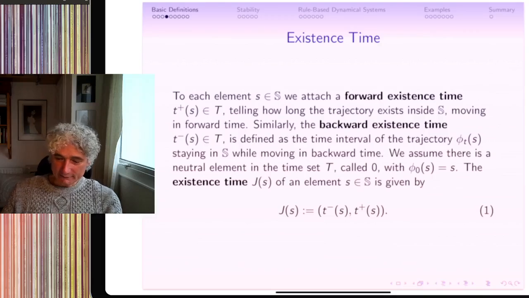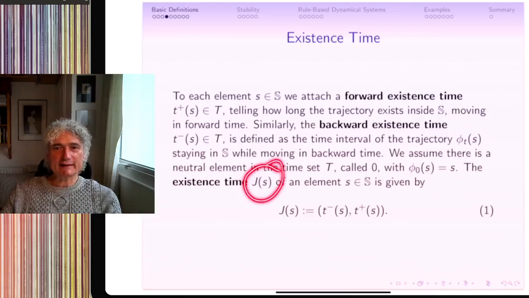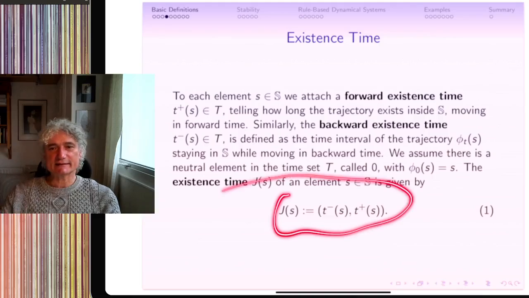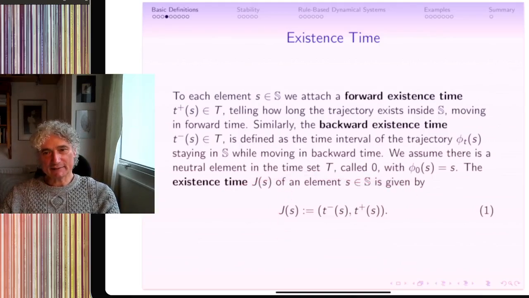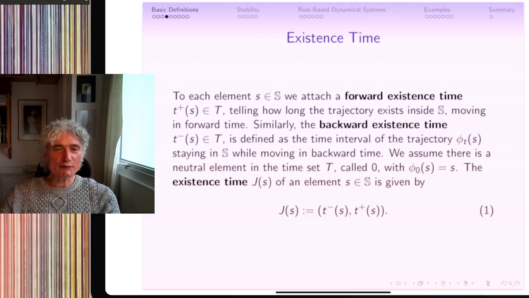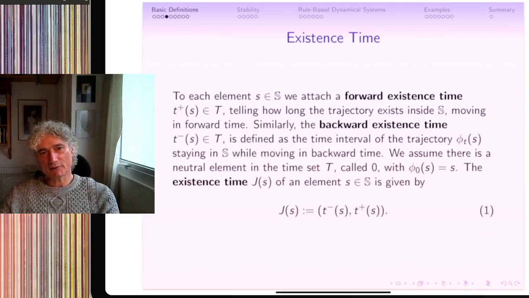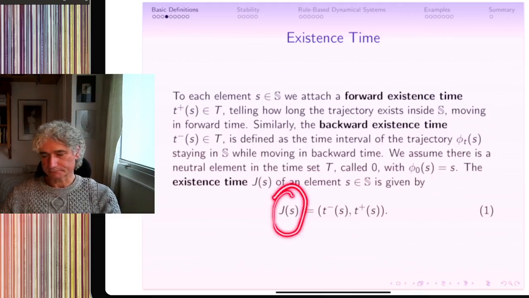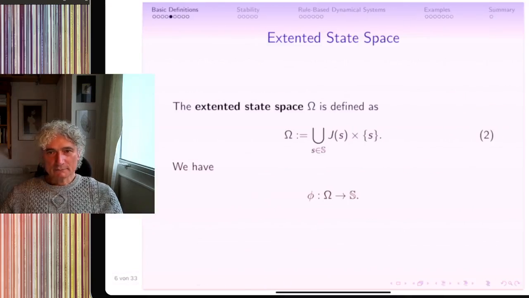And now we can define the whole existence time of any element S in S, and that is given by J of S, and that will be just the interval t minus of S to t plus of S. So how long you can go in backward time and how long you can go into forward time to define the trajectory. That is the set J of S. We will also sometimes need the so-called extended state space.